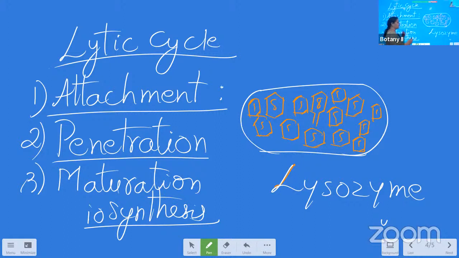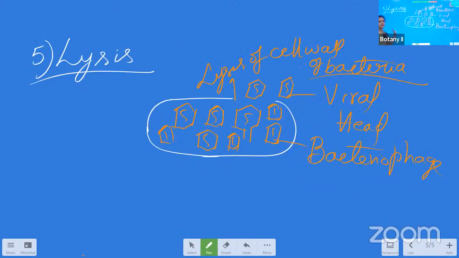And the last one is the lysis, death of the bacteria. With that, we can easily finish off this answer and you can score 4 out of 4 very easily. There is no chance of missing 1 point or half mark also in this.